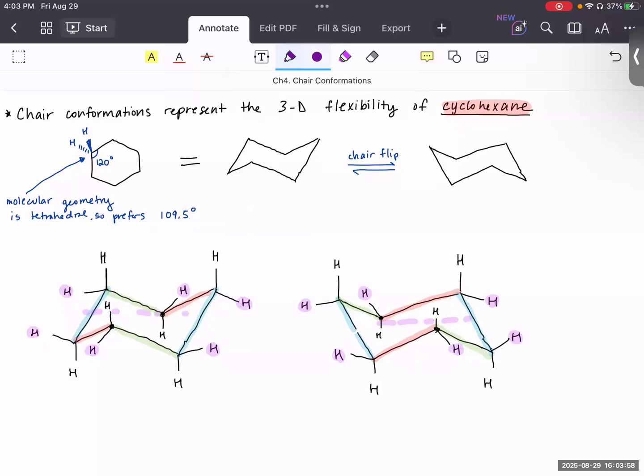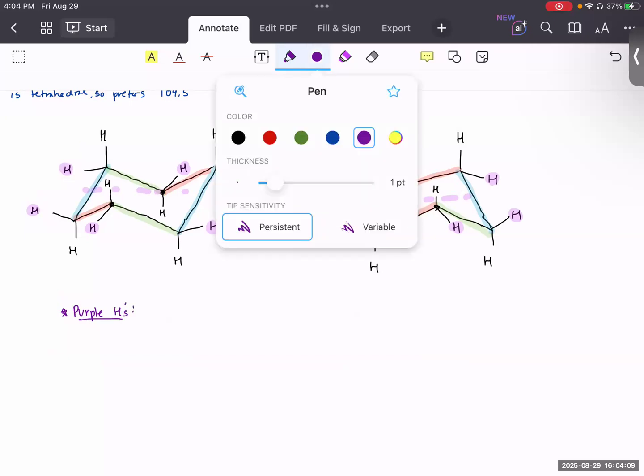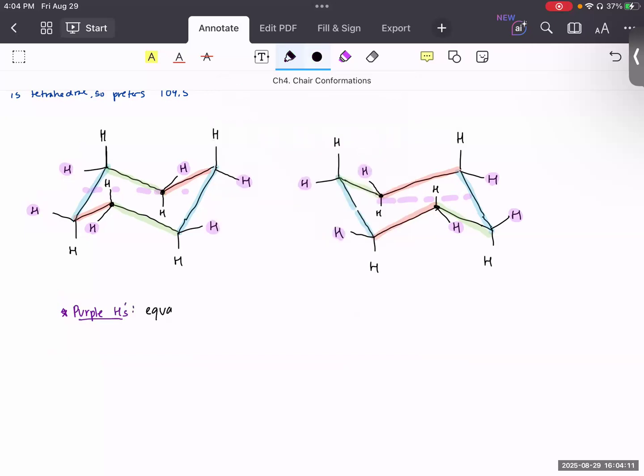So those hydrogens that I highlighted in purple are considered equatorial groups. And so equatorial positions generally contain less strain and are generally considered more stable. And so we'll see why this matters a little bit later when we have different or bigger groups within the structure.